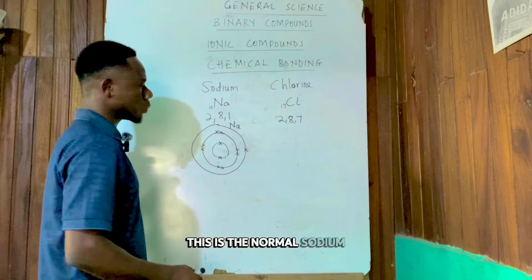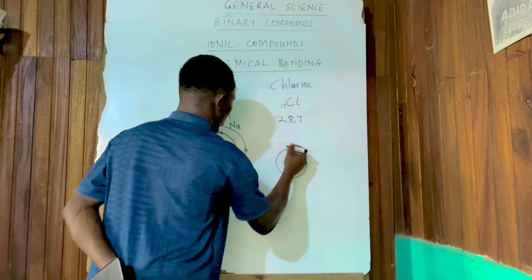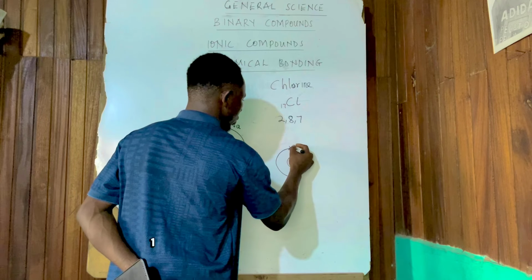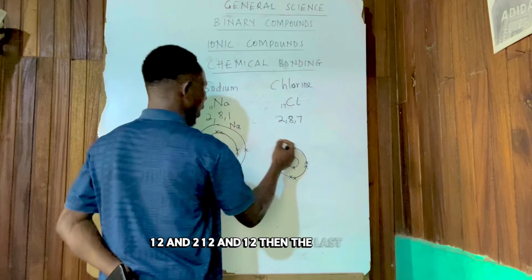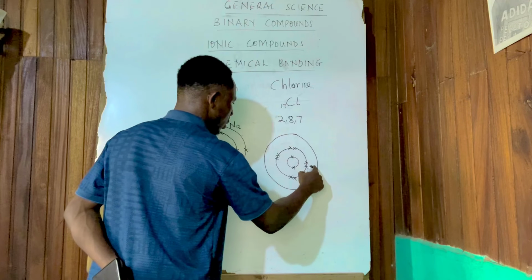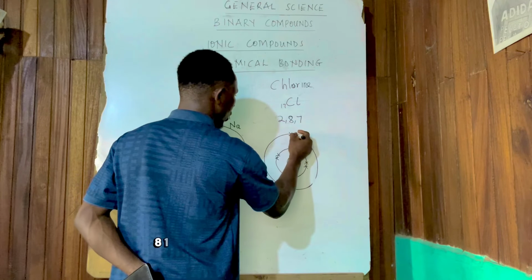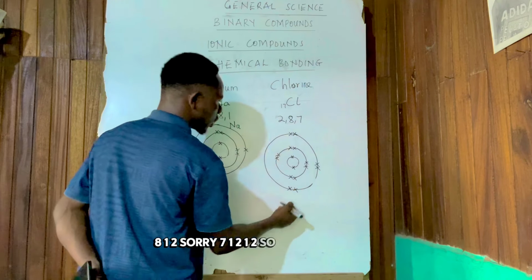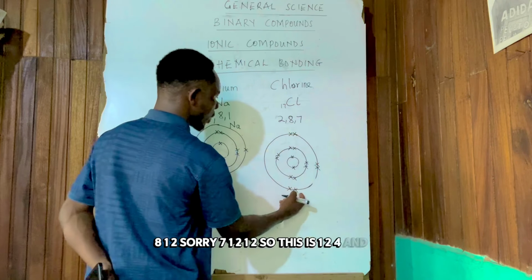Then we have chlorine, with the first shell taking 2, the second taking 8, and the last one 7.